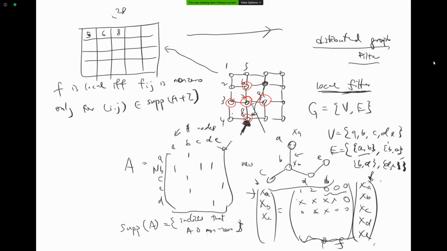We say distributed because we probably don't care about the local property if the filter is implemented in a centralized manner. If the entire graph signal is in one centralized mainframe, there's no reason to make it this complicated.